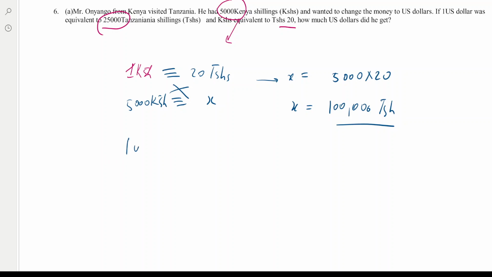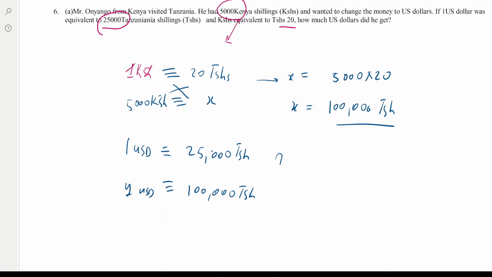We are given that 1 USD is equivalent to 25,000 Tanzanian shillings. So what about 100,000 shillings, equal to how many USD?